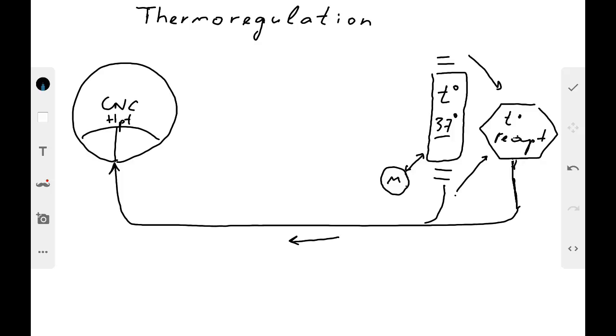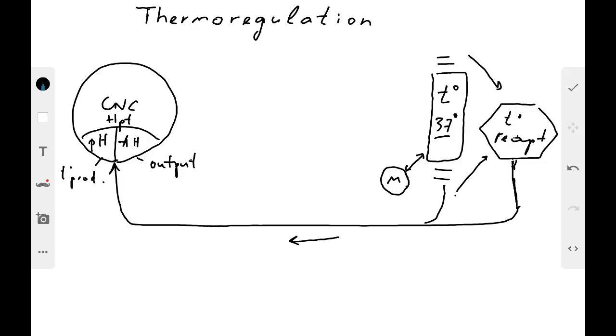In the anterior hypothalamus we have the center of thermal output. And in the posterior hypothalamus we have the center of thermal production. By the way, in the posterior hypothalamus we have the center of the sympathetic nervous system.